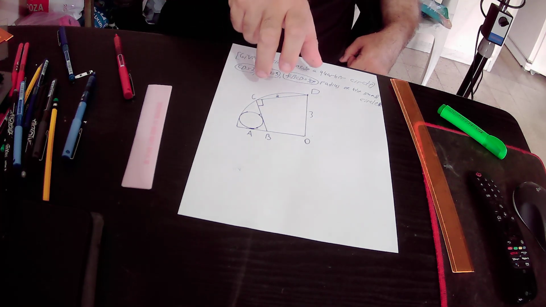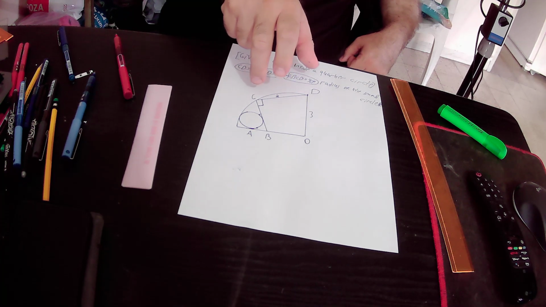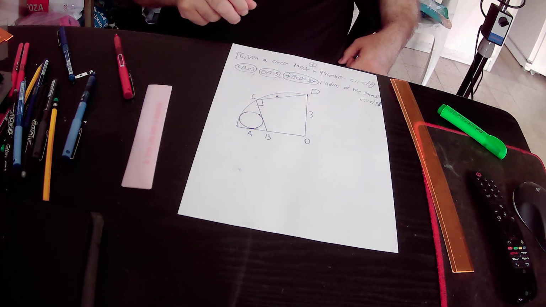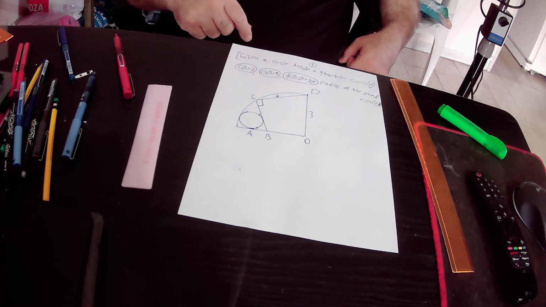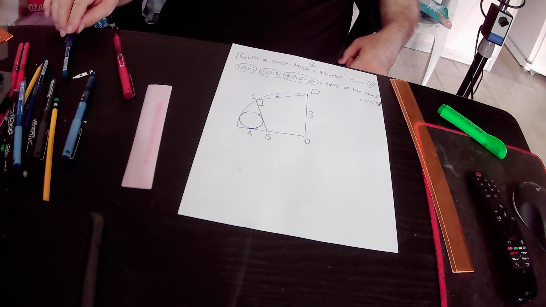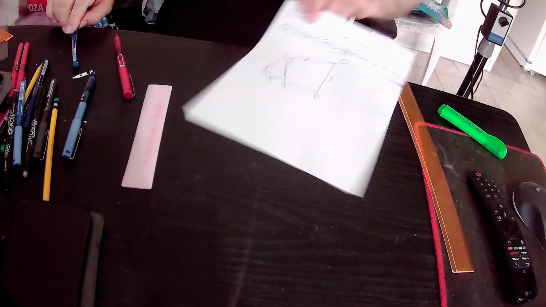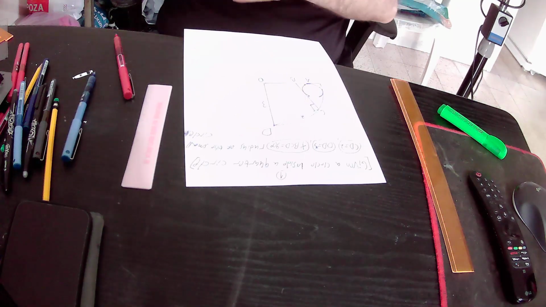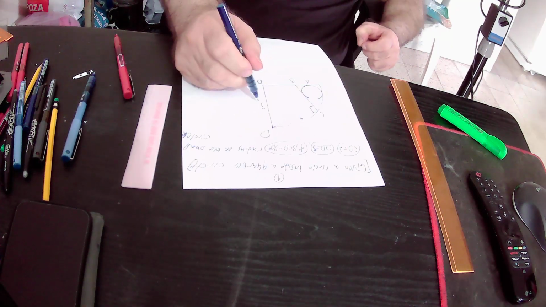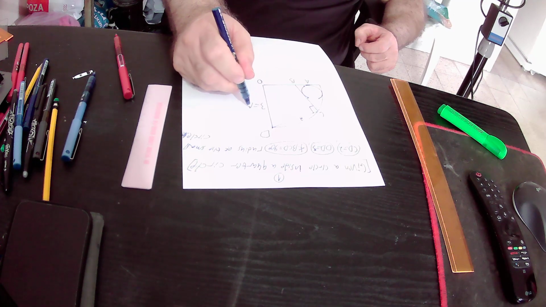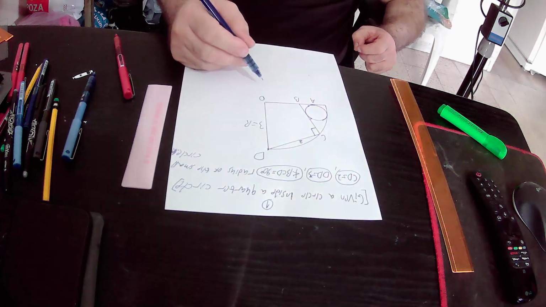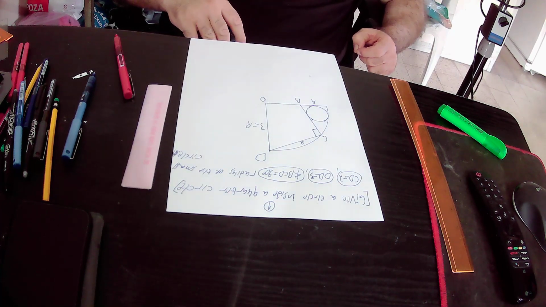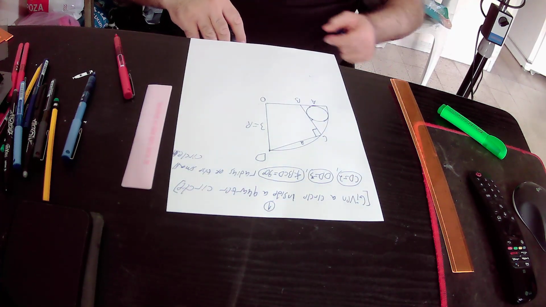Line segment CD, or chord CD, equals 2 units, and OD equals 3 units. OD actually is the radius of the quarter circle, so I will mark it as capital R, and O is the center of the quarter circle.